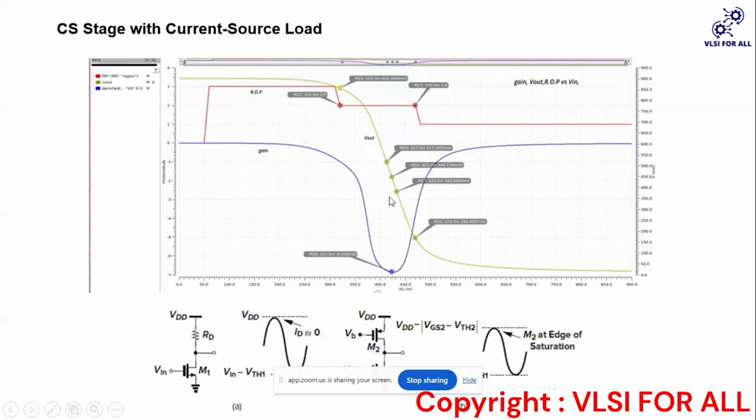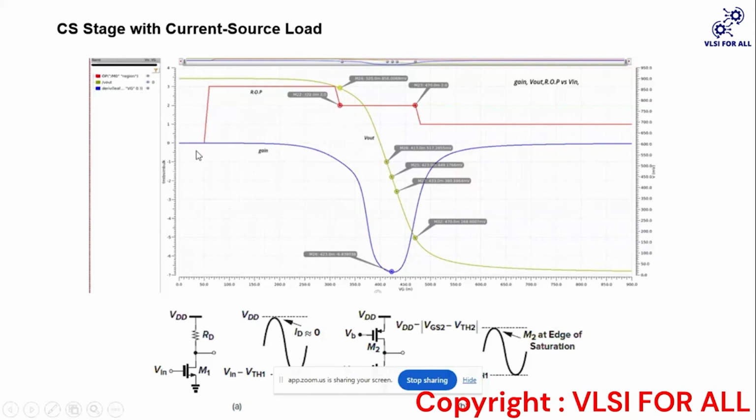Both PMOS and NMOS will be in saturation for this voltage range, right? It is like 517 millivolt to 517.2, and between this range we are going to use it as an amplifier.